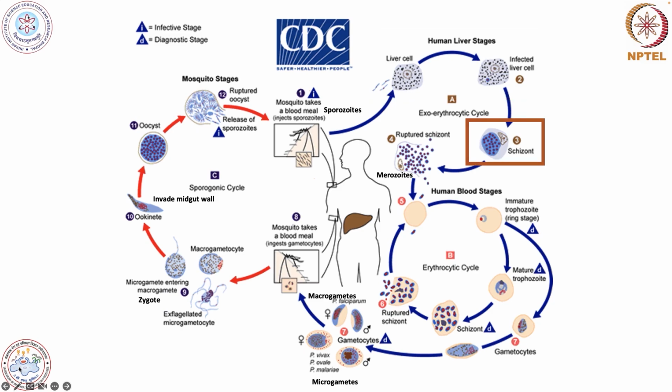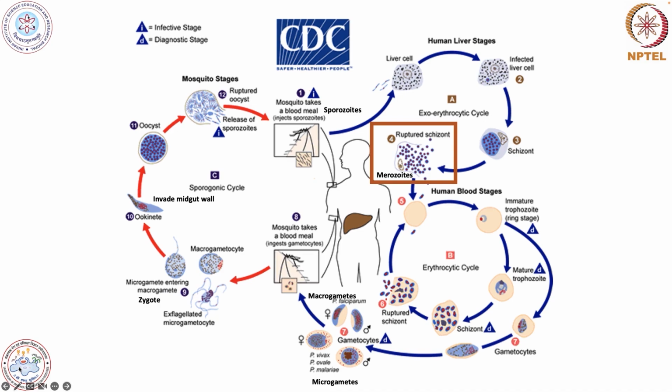Here you can see a schizont, which is present in the liver and which ruptures and releases the merozoites. Here you can see the merozoites released from the liver cell.